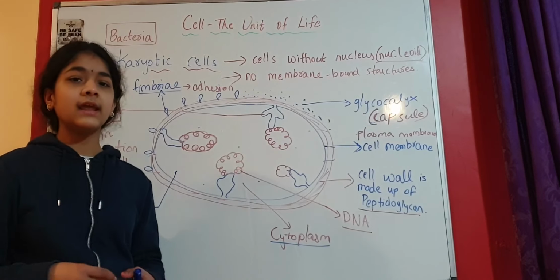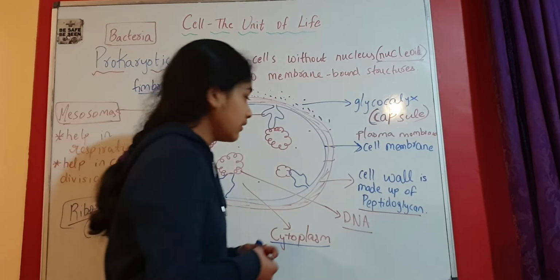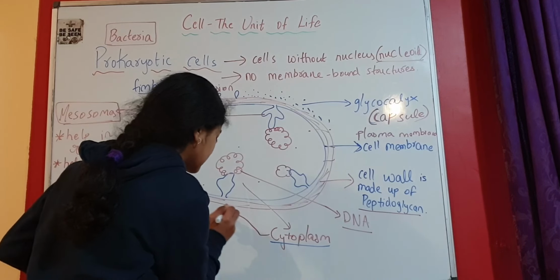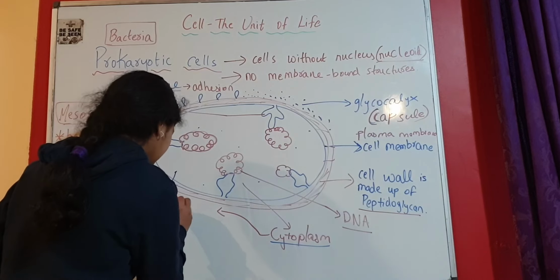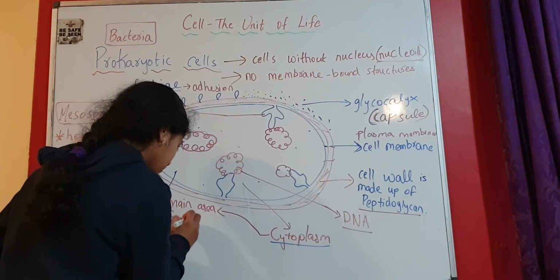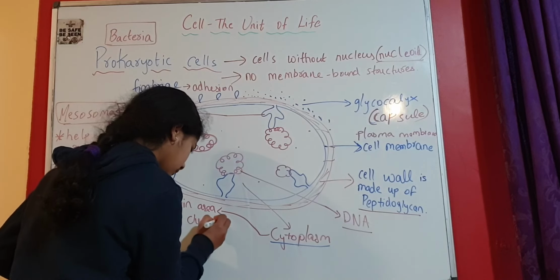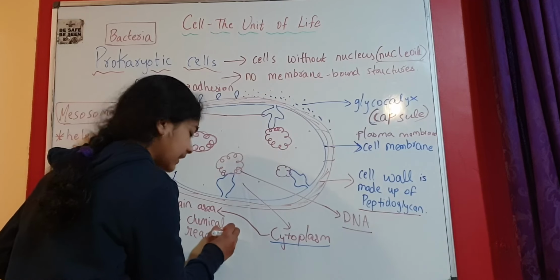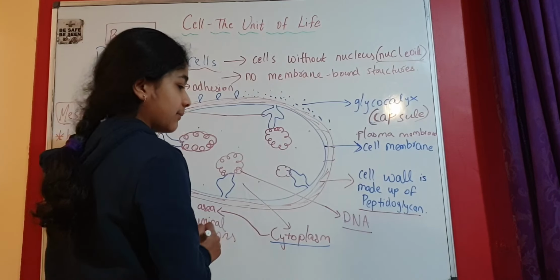In eukaryotic cells, they are 80S. And the cytoplasm, we can write down its function: it's the main area for chemical reactions to happen.